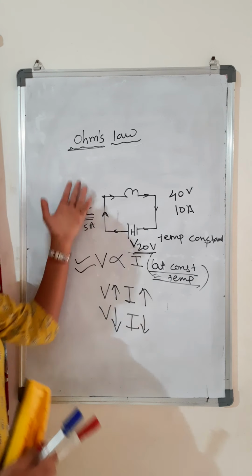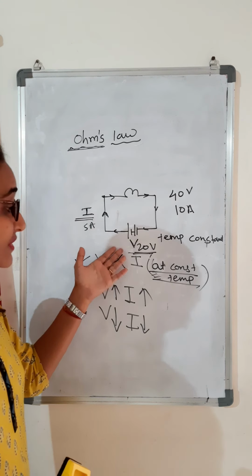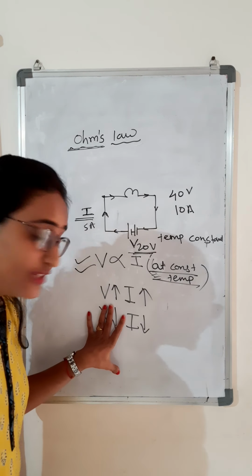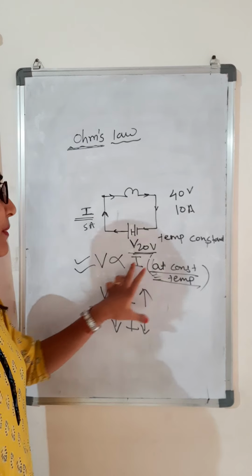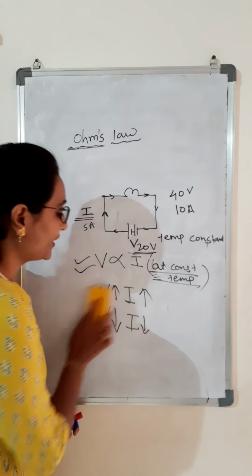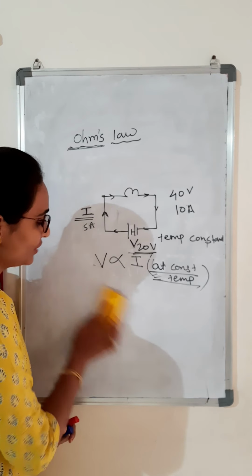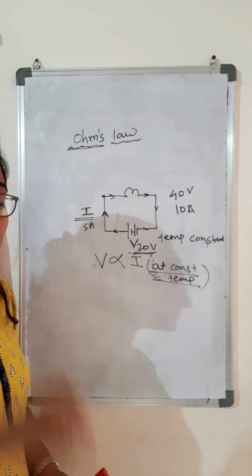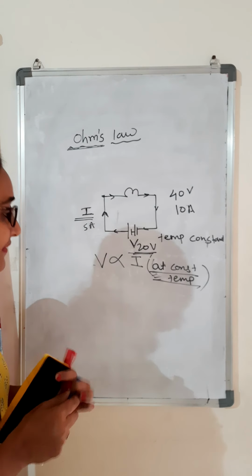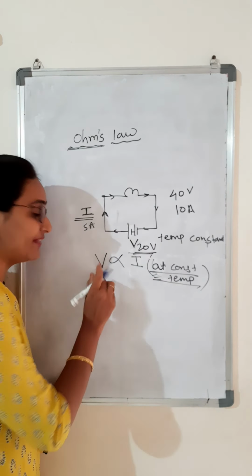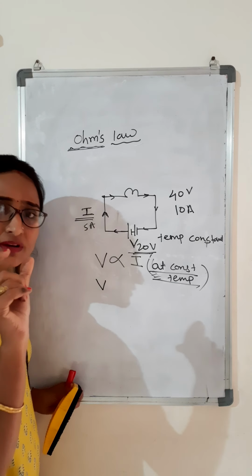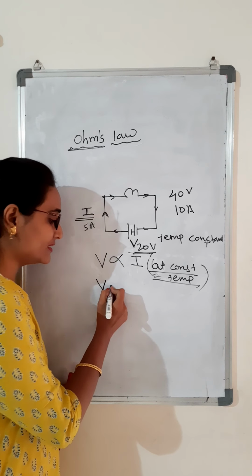So, this is Ohm's law, given by Ohm. The potential difference between the ends of the conductor is directly proportional to the current flowing through that conductor. Now, to remove this proportionality sign, I have to convert it into an equals sign using one constant, a proportionality constant.